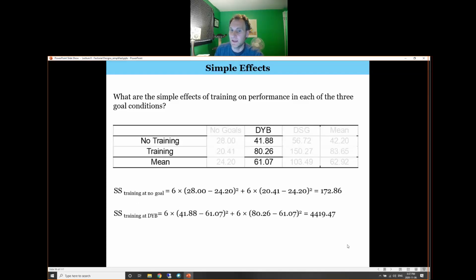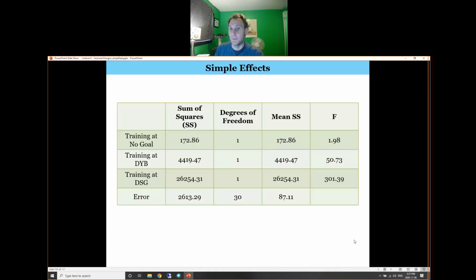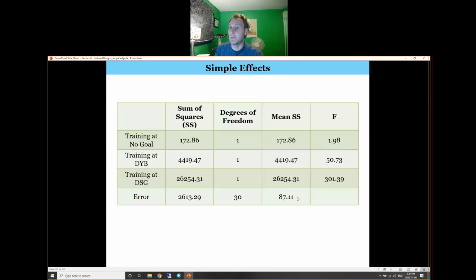We can do the same thing for the do your best goal, and we can do the same thing for the difficult specific goal. Remember, we pop them into a simple effects table, and for the error term, we use our omnibus mean squared error and degrees of freedom. So this was from the omnibus test that we computed initially.